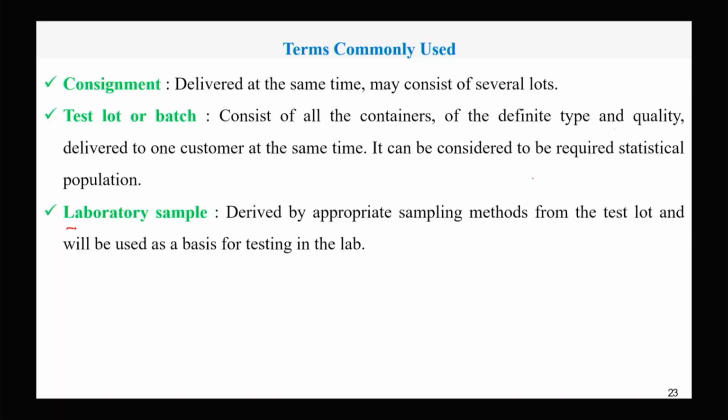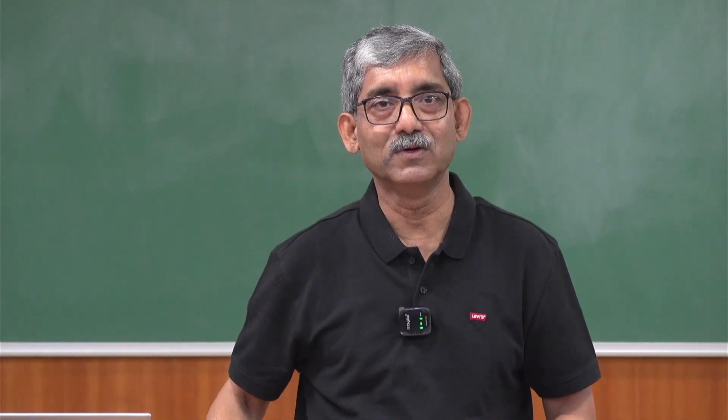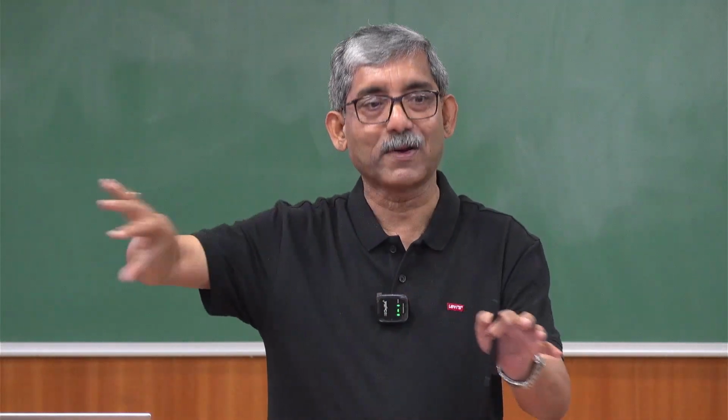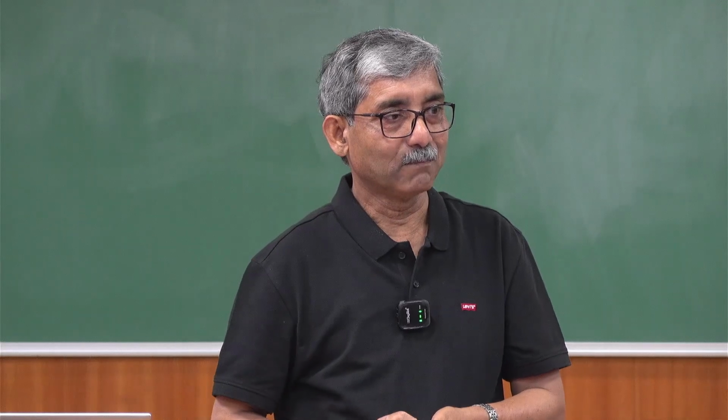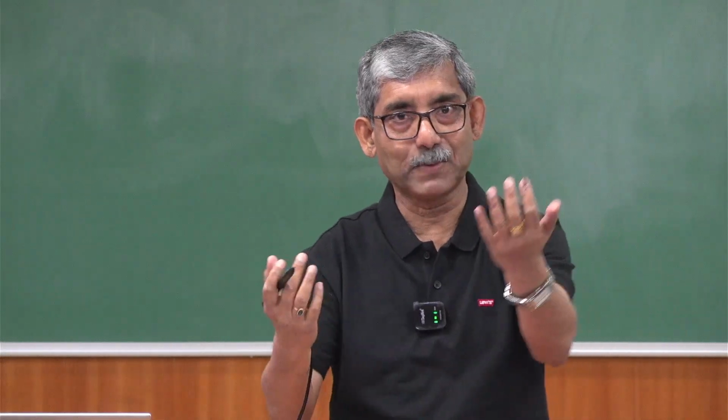So this is called laboratory sample, and laboratory samples have to be derived from the lot. We will definitely not mix the 50s count with the 10s count; they will be treated separately because they are different lots, but we will select a sample from a particular lot.